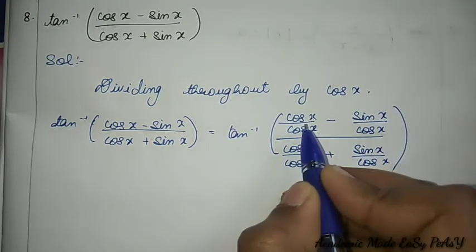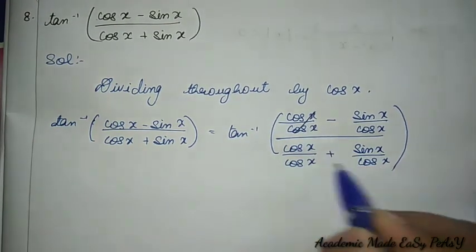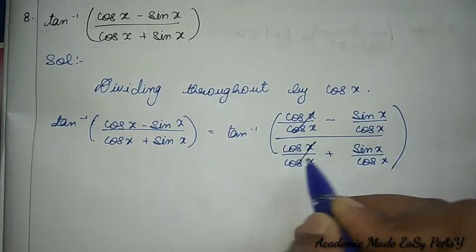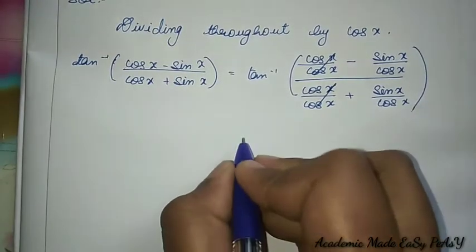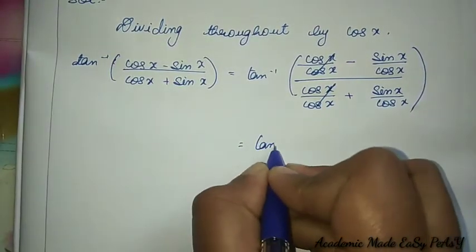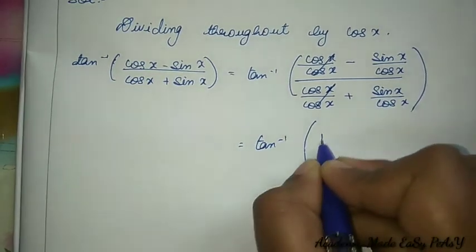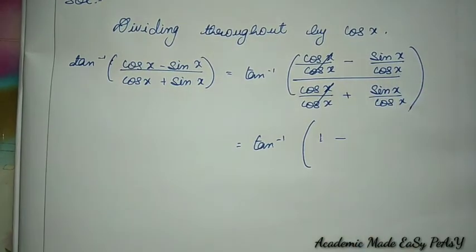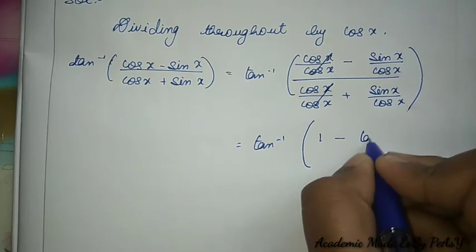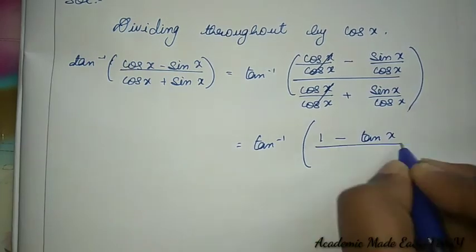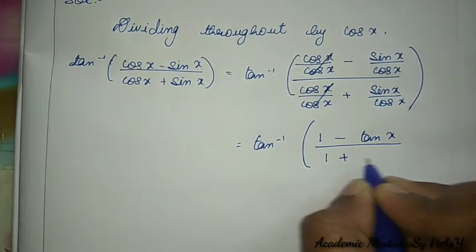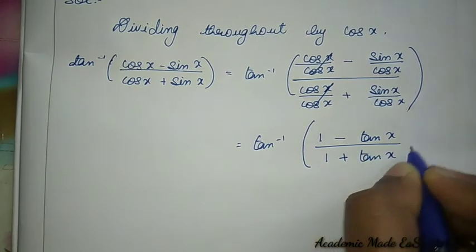Fine. So now cos by cos will get cancelled. So in the next step, I will have tan inverse of 1 minus, what is sin x by cos x? It is tan x, no? So tan x divided by 1 plus tan x.